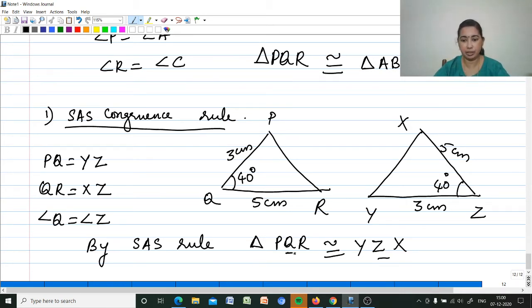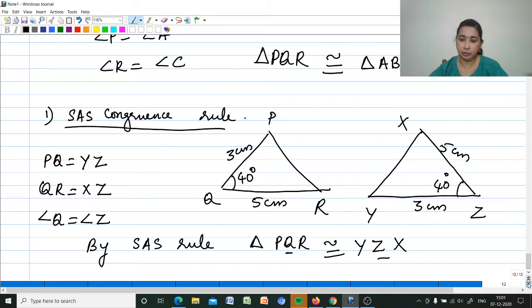In the same way PQ is the same as YZ. So in that way we have to write the congruency, according to which sides and angles are equal. So triangle PQR is congruent to triangle YZX.